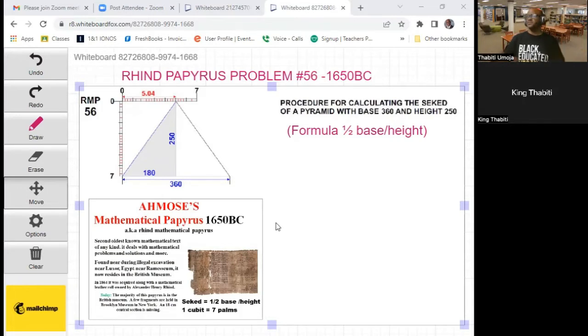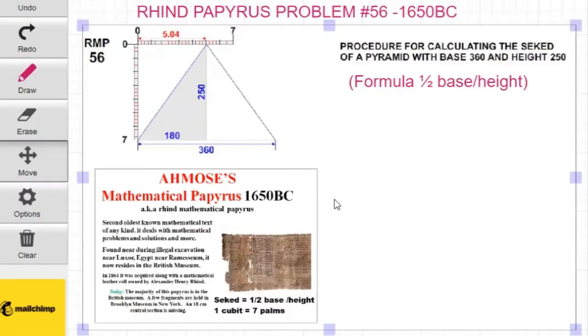We want to find the palms, and the cubit is what the measurements in meters will give you. But after that, you have to multiply your answer by 7, because 1 cubit equals 7 palms, and that will tell you the palms of this particular pyramid. There's also degrees, which we'll be doing a little bit later on.